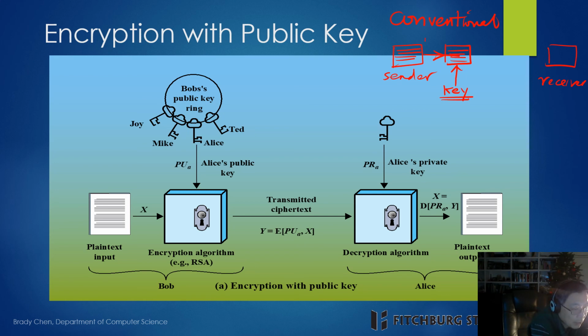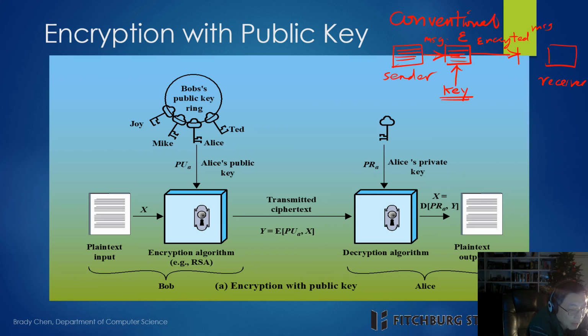Then the message is mixed with the key using something called the encryption algorithm. We use E, and then we send out something called the ciphertext, or encrypted message. So then we send the message to the receiving side.